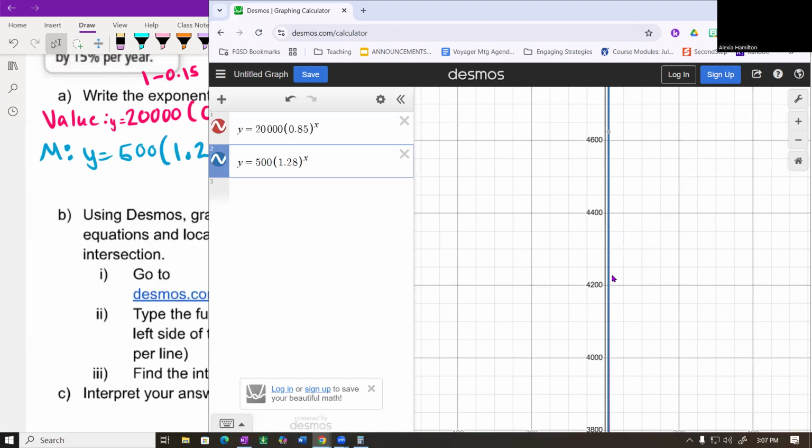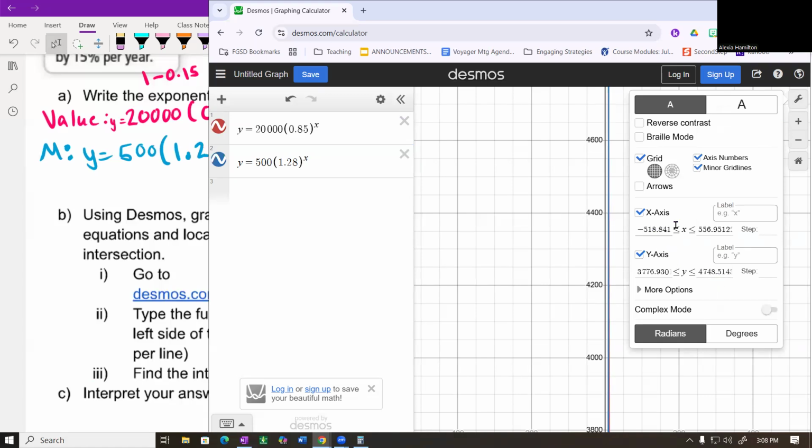So the reason I keep on clicking on the graph is because I saw this little gray dot. The gray dot in Desmos tells you important things. This particular gray dot would tell us where the two lines intersect. And then this is kind of cool. So now I'm going to go to my wrench because I know it's 4,624.